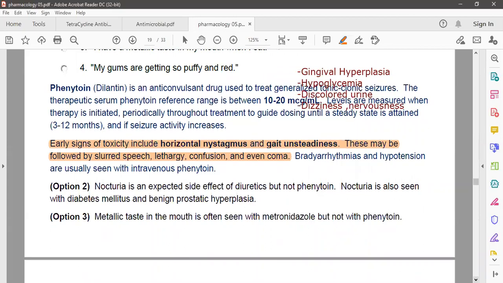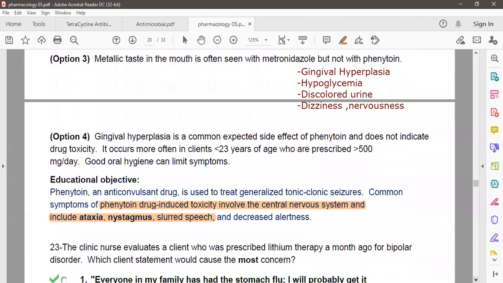What are the education objectives? Phenytoin, an anticonvulsant drug, is used to treat generalized tonic-clonic seizures, and common symptoms of phenytoin drug-induced toxicity involve the central nervous system, like ataxia, nystagmus, difficulty speaking, or decreased alertness or change in level of consciousness.